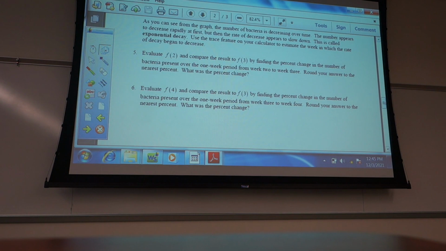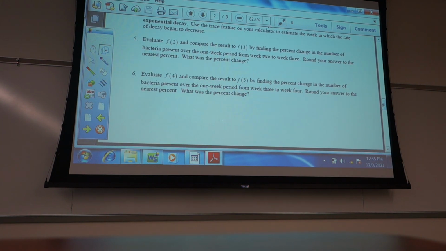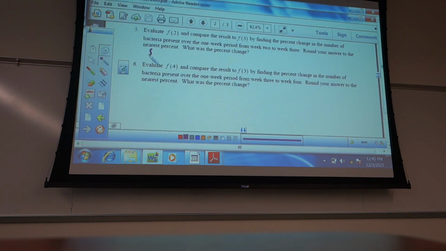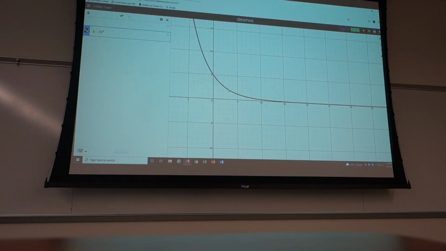So if we look at f of 2 and f of 3, let's take a look at f of 3. F of 3 is, right here, 2.109. Everyone see that? Everyone write it down.